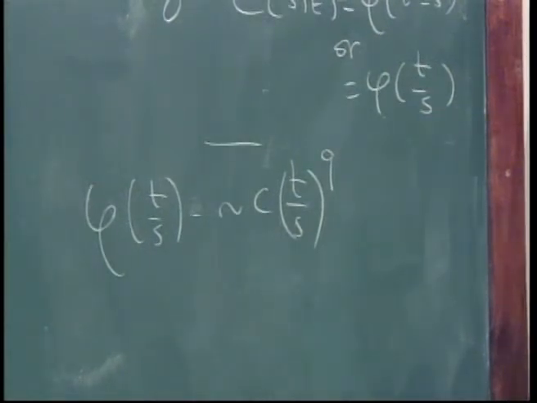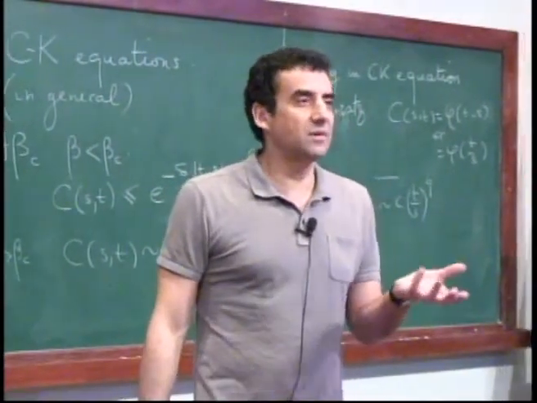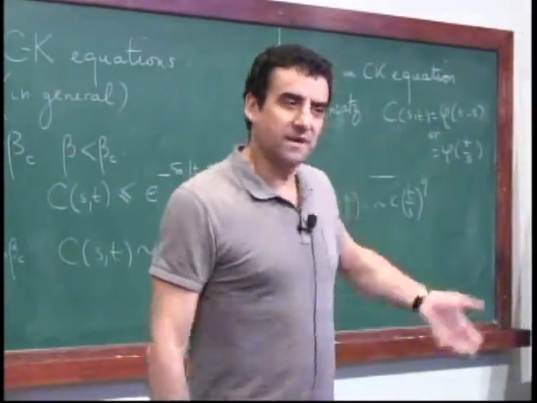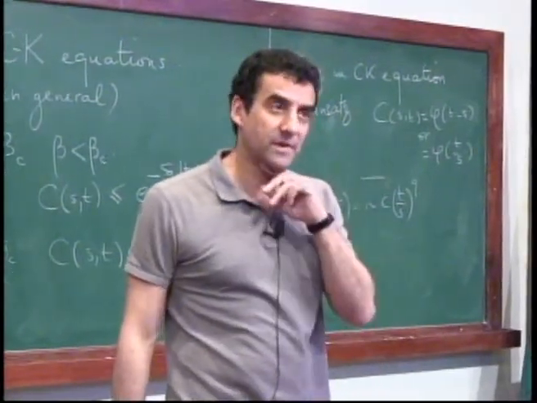You put that in the equation, it works. And same thing for the response function. So of course you would be tempted, if you work at the level of physics, to say that's the aging behavior for these models, right?